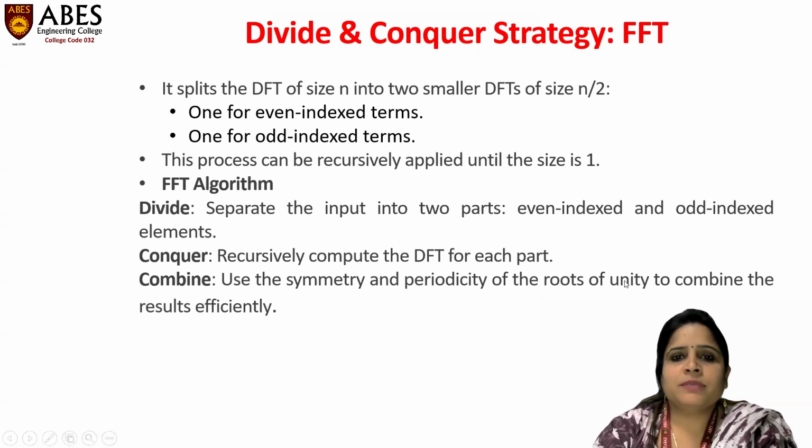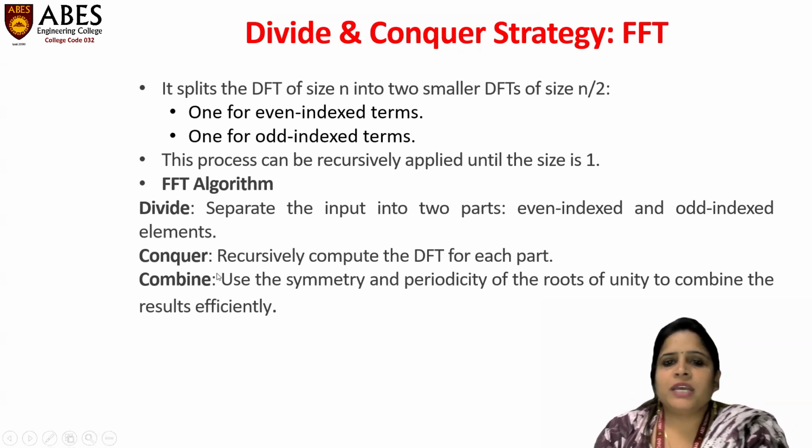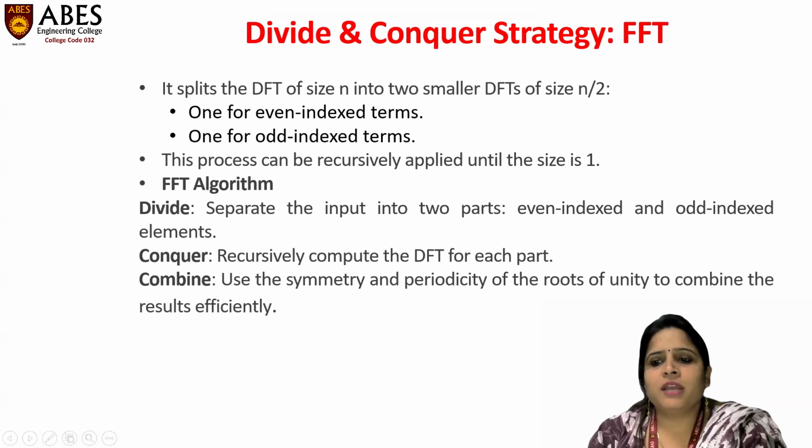If I want to discuss the fast Fourier transform steps, the divide and conquer strategy can be categorized into three steps. The first step is divide, the second is conquer, and the third is combine.